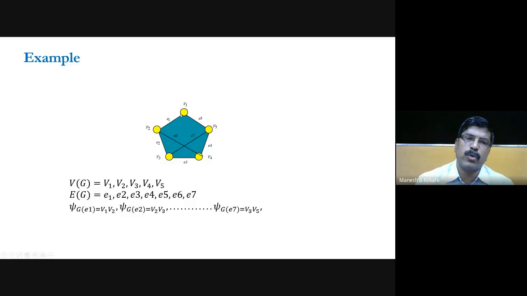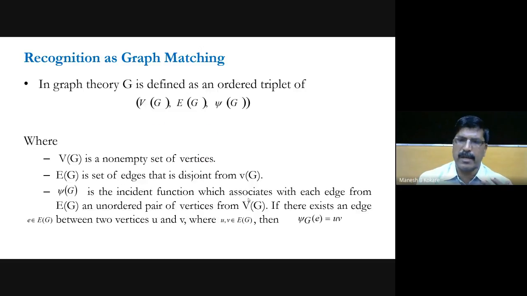That is V1, V2. But in the other graph, if this is E7, then the size of E7 will be V1, V2, whereas here in this graph it is V3, V5. So their incident function will not match because of the different labeling.